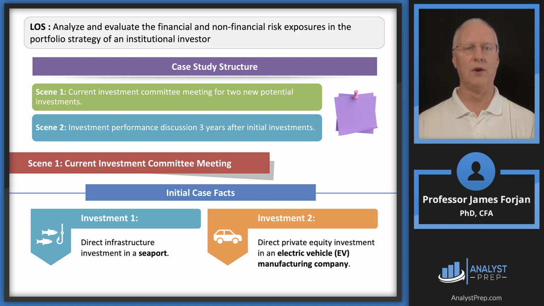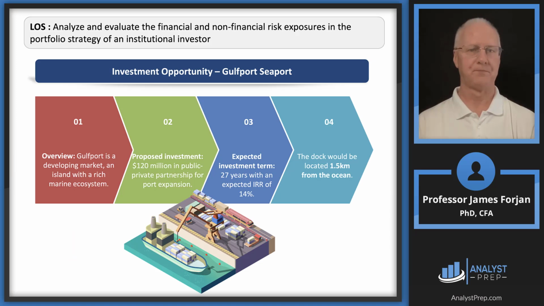All right, so scene 1, we're going to have this meeting for 2 new potential investments. We're the wealth advisor for this sovereign wealth fund. Here we go. The Gulfport Seaport, developing market, an island with rich marine ecosystem, 120 million in a public-private partnership.